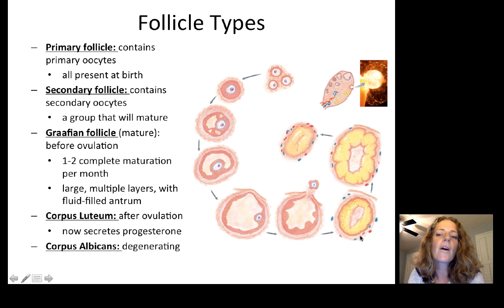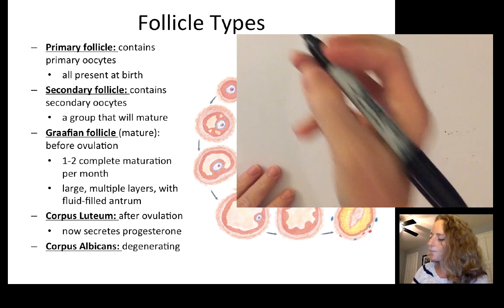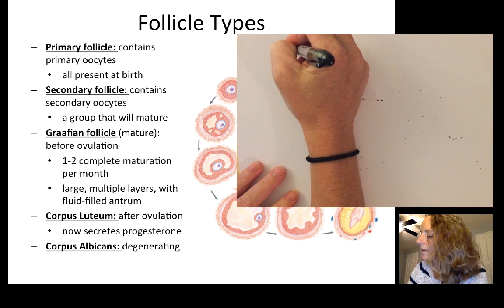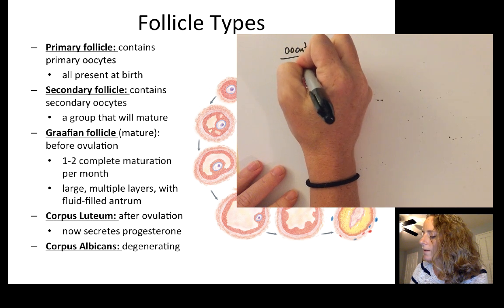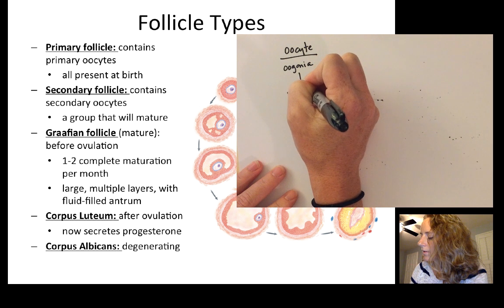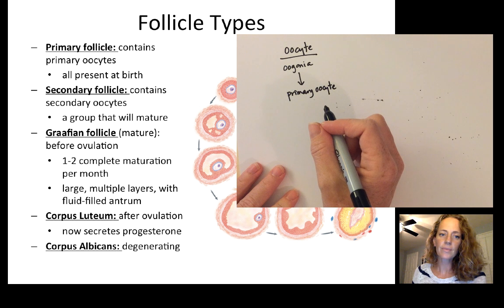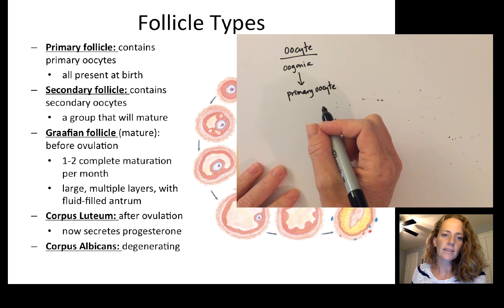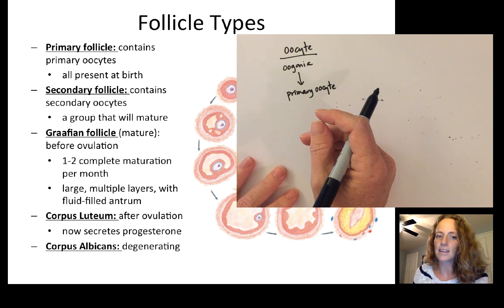And I want to go through the follicle types and draw them with the egg as we talk about them. Okay, so we have the oocyte, which started out as an oogonia and then became a primary oocyte at birth. The primary oocyte then is going to wait for the appropriate hormonal signals to mature into a secondary oocyte.